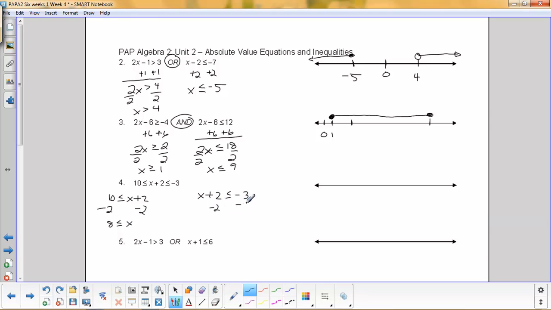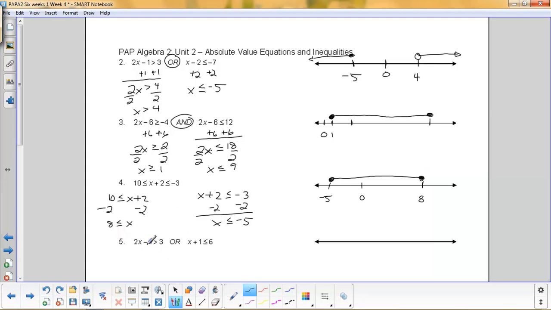Subtract 2 from both sides, and I get x is less than or equal to -5. This is another way of writing AND. Notice it's between the two symbols, so your endpoints 0 here and -5 here. Again, both closed circles and a line between.